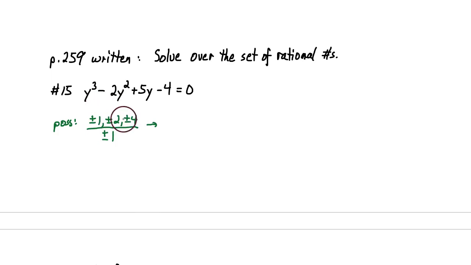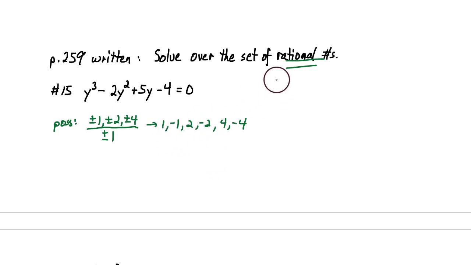The actual numbers produced by this are positive 1 or negative 1, positive 2 or negative 2, and positive 4 and negative 4. We're asked to solve it using only rational numbers, so any rational numbers that work must come from this list. Let's substitute them in one at a time until we find any that might work.